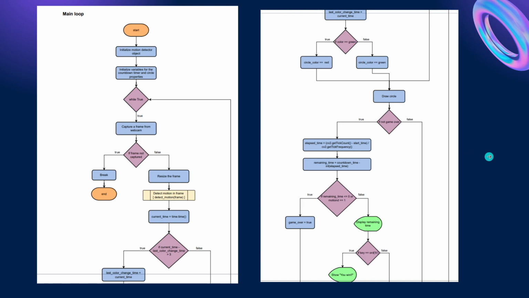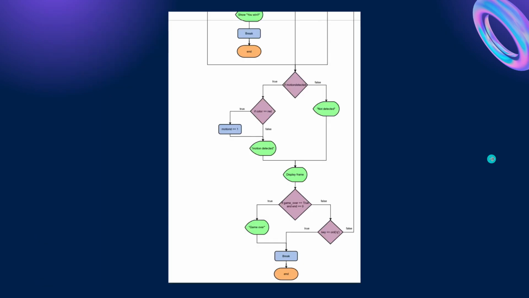This is a forever while true loop, so that is the condition to break the loop. And this is the part of the process of checking whether the motion is detected or not, or the game is over or not over yet.